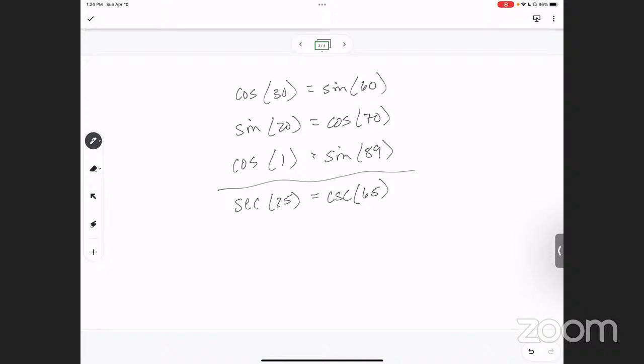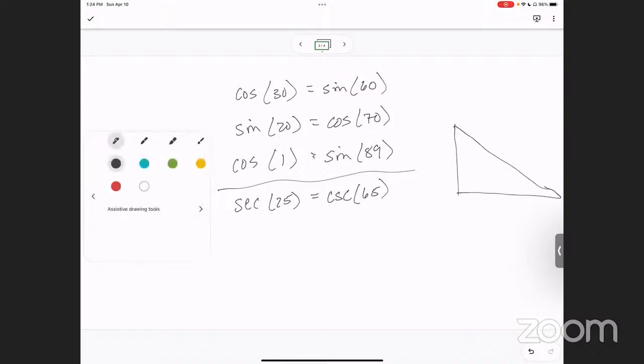Oh, that's what they are. Because look, just think about it. If you have your triangle right here, and it's a right triangle, and you have this angle here in blue, it's going to be the complement of the angle in red, right? Complements of each other.